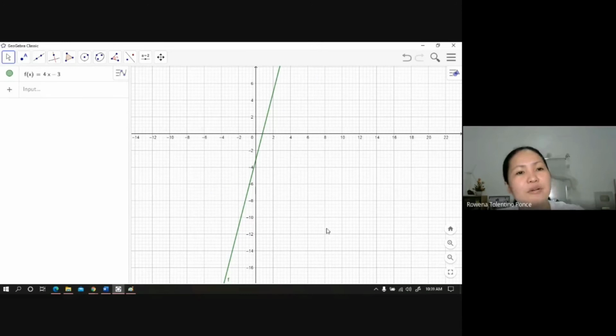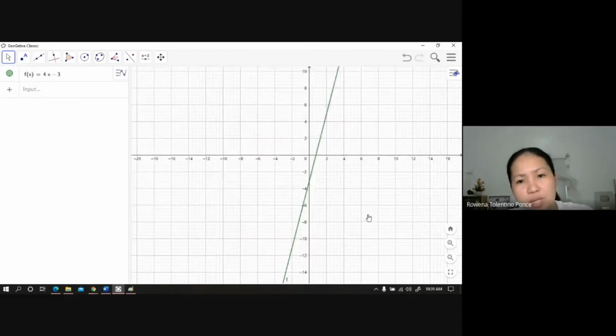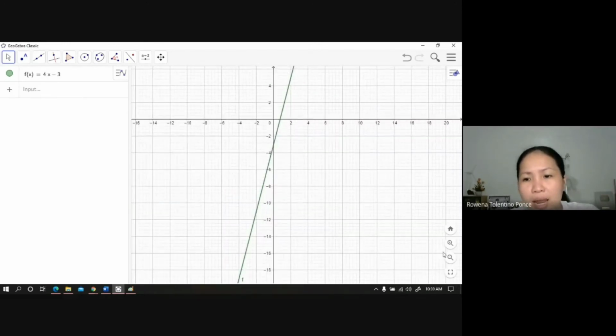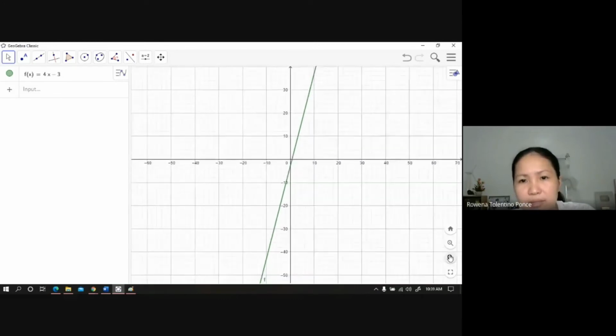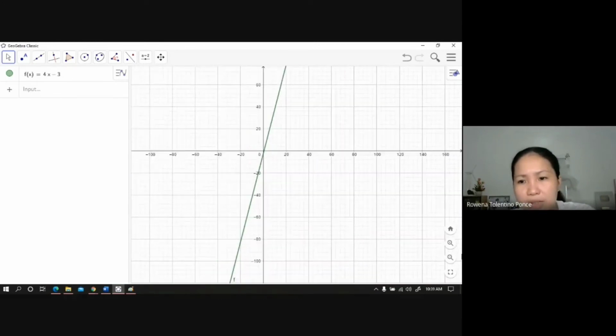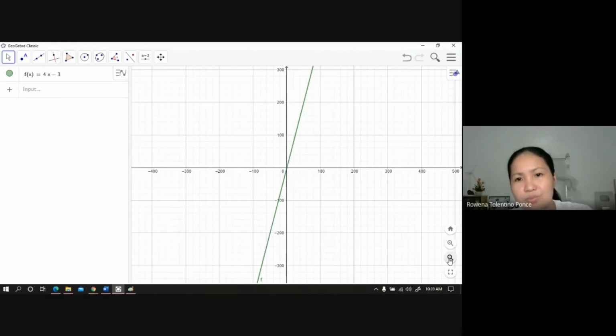So this is the graph of 4x minus 3, and as you can see, the graph is a line. This is definitely a one-to-one function. Therefore, ang kanyang inverse ay 1-to-1 din. To make sure kung 1-to-1, syempre, i-compute natin.